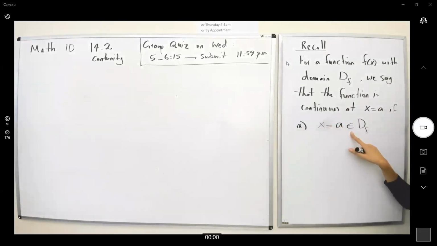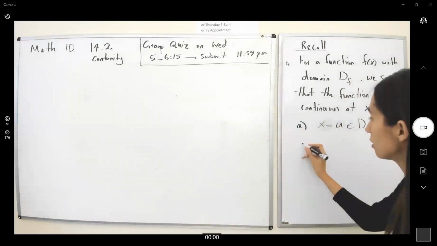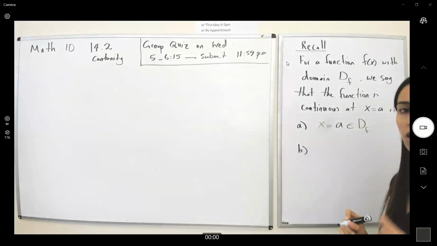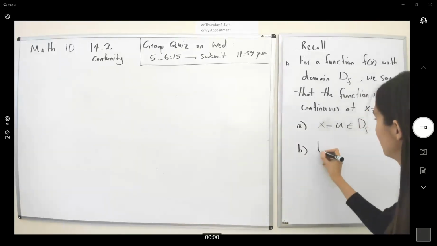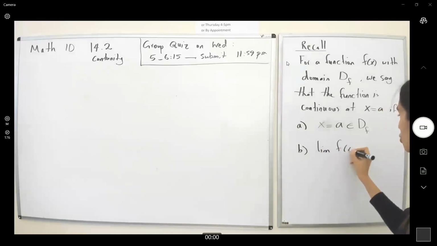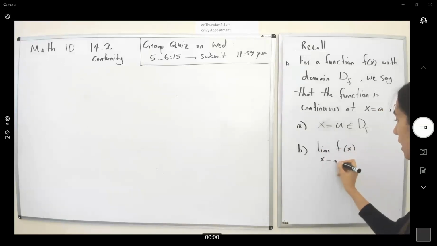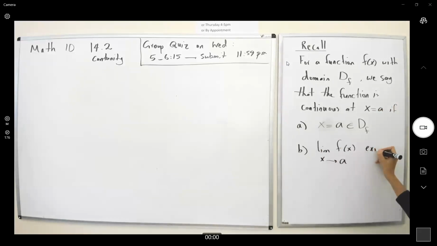B, the second condition, the limit of the function as x approaches a exists, and finally, the limit of the function and the y value of the function are the same.